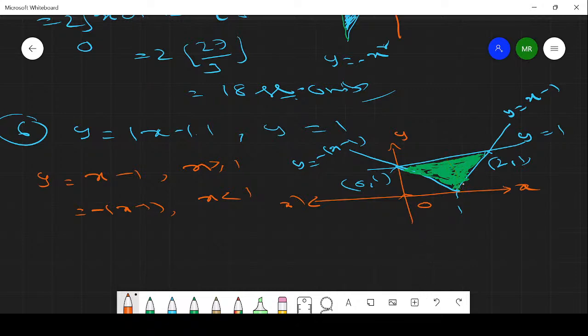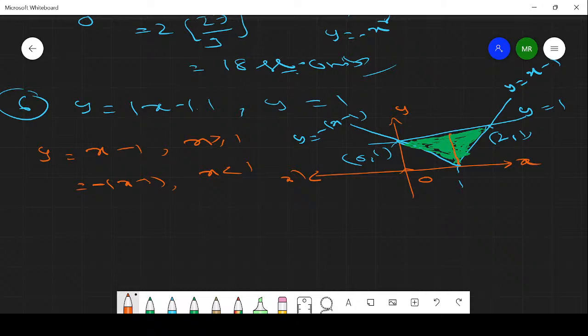If you extend the line, it crosses, but you can think easily, it exactly divides into two parts. I will find the area between 0 to 1 and double it, and that is the required area, since it is symmetric with respect to the line x is equal to 1. Or else you can find area 0 to 1 and also 1 to 2.